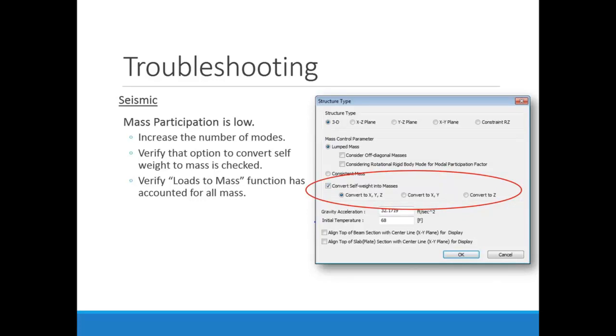It seems silly enough, but I've run into this a couple times where I'll forget to go into the structure type pull down within MIDAS and say convert self-weight to mass. So that's important that you have that checked off, or else all of your mass won't be accounted for in your model. Also, you might have a different way that you go about it, but generally I use the loads to mass function, so it turns all of your loads into masses so that those can be accounted for during your seismic analysis. So make sure that all of those are accounted for.